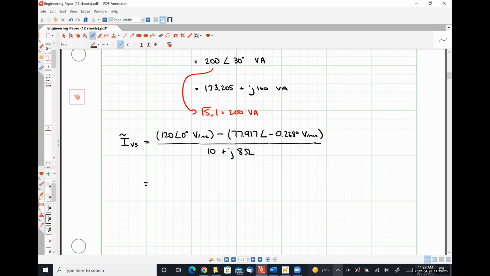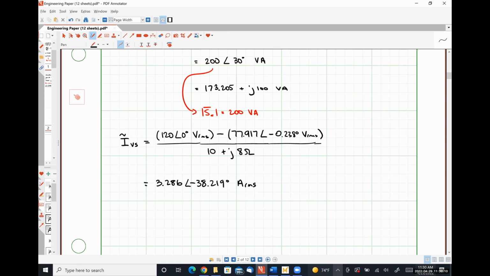And so if I throw that in my calculator, give me just a moment to do that if you don't mind. I get 3.286 angle negative 38.219 degrees amps RMS.